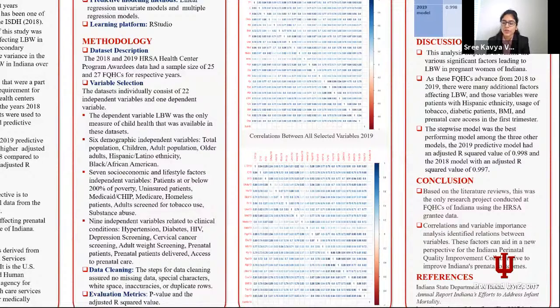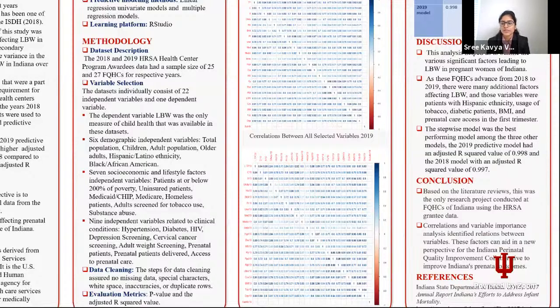Instead, Hispanic ethnicity was found to impact the low birth weight model in 2019, and additional variables like diabetes and high BMI were found to be significant in the 2019 predictive model. This indicates that as FQHCs progress from 2018 to 2019, they have more patients with diabetes and high BMI leading to low birth weight, whereas earlier they often led to macrosomic babies instead of low birth weight.